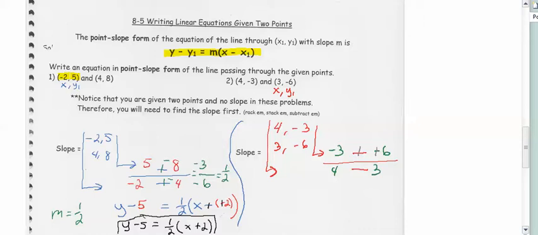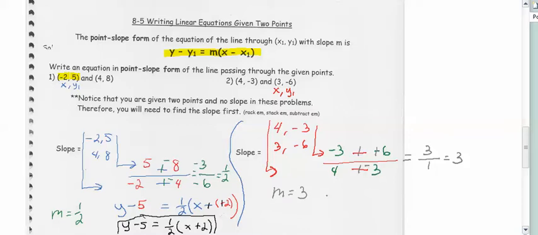So I have 2 different signs. I'm going to subtract. 6 minus 3 is 3, and it's positive. Keep, change. I don't really have to do this, but 4 minus 3 is 1, and that's also positive, so my slope is 3.